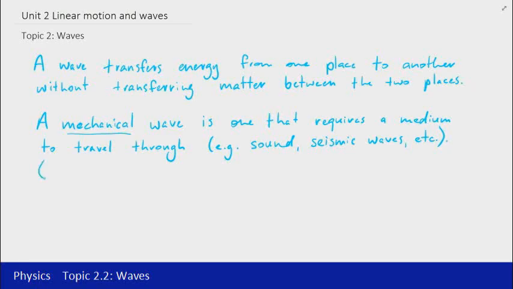Just as a side note, the alternative to a mechanical wave is an electromagnetic wave. We'll get into electromagnetic waves a little bit further along, so I'll just briefly mention it now, and we'll deal with it in much more detail at a later stage. An electromagnetic wave does not require a medium.